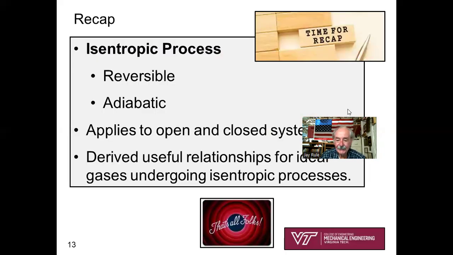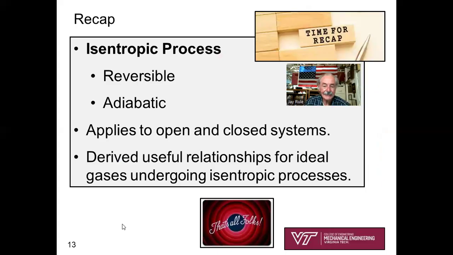Well, we've come to the end of what started off as an easy video, what's an isentropic process, and turned into pretty tough, more material. So let's recap. An isentropic process is one that's reversible and adiabatic. That's important; that's not something you put down on a formula sheet. These fundamentals apply to both open and closed systems.